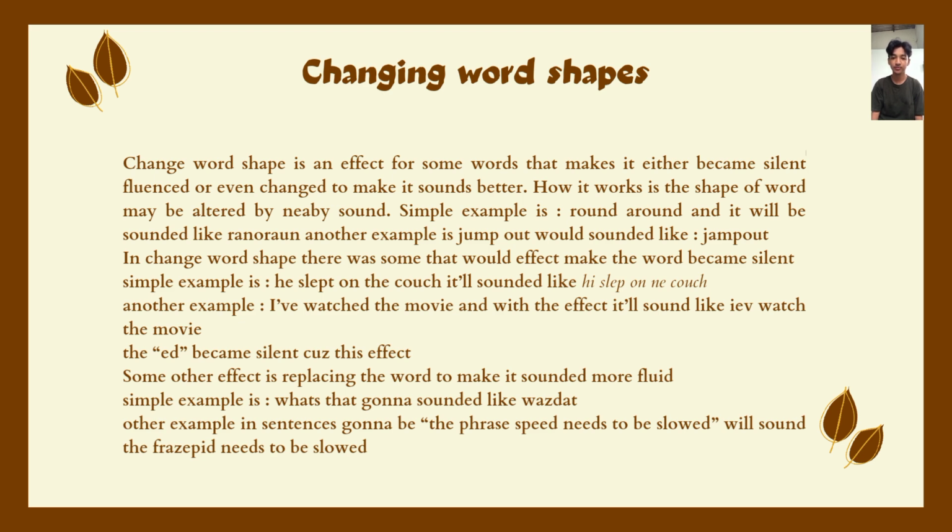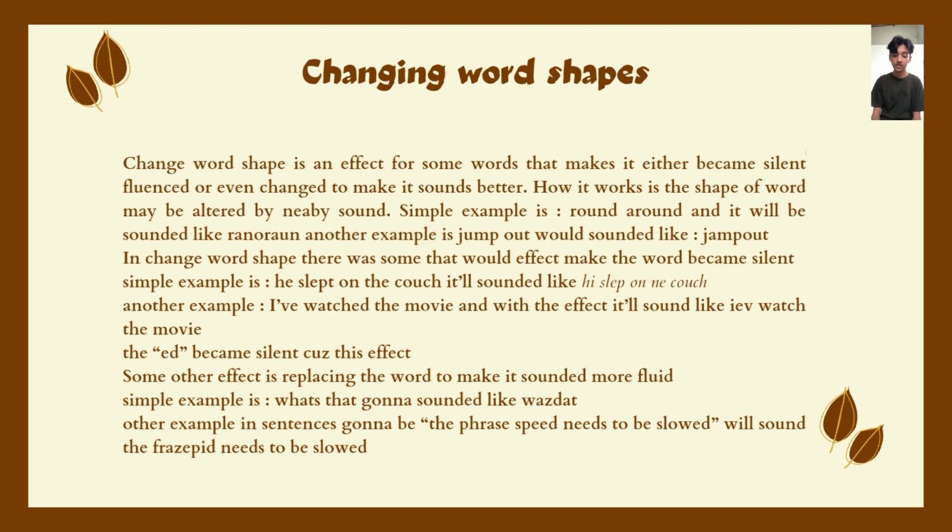Change word shape. Change word shapes is an effect for some words that make it either influence, silent, or even change to make it sound better. How it works is the shape of a word may be altered by nearby sound. Simple example, run around.